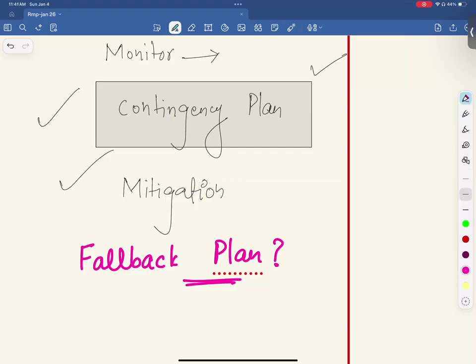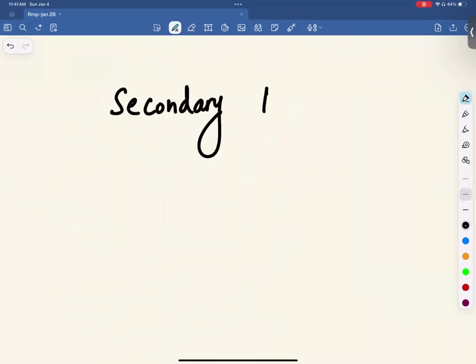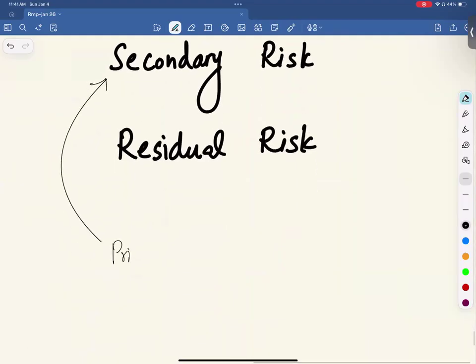Then we have two more concepts here. One is called secondary risk and the other is called residual risk. So secondary risk is a risk that occurs because of your primary risk response.